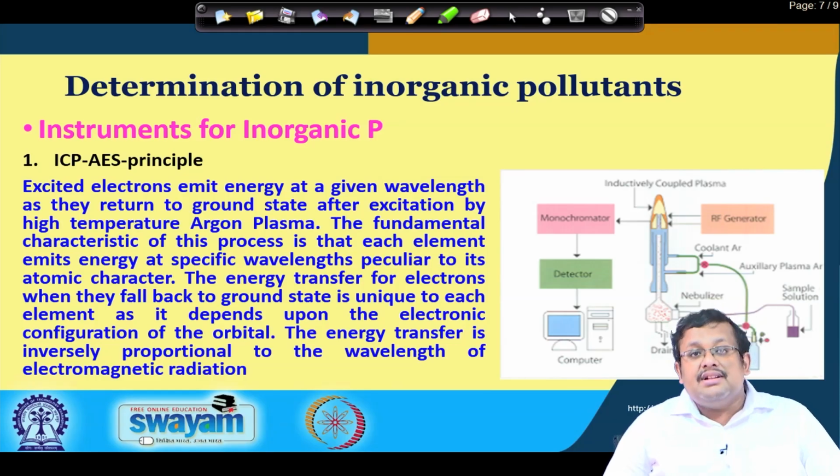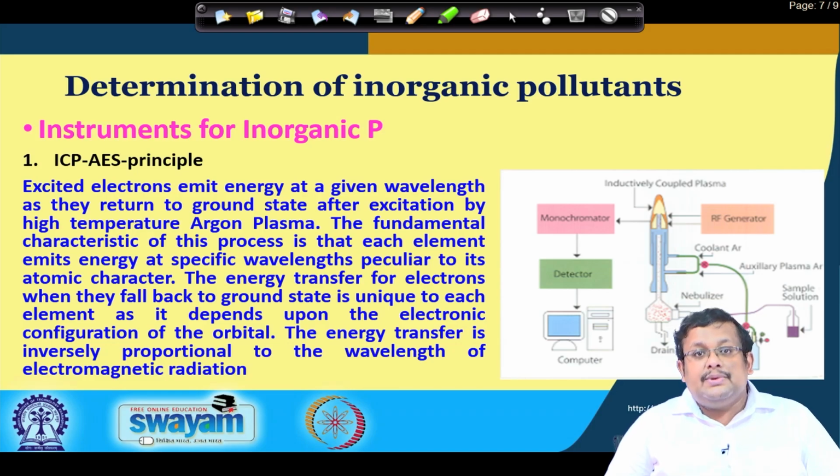So, the energy transfer for electrons when they fall back to the ground state is unique to each element as it depends upon the electronic configuration of the orbital, and the energy transfer is inversely proportional to the wavelength of electromagnetic radiation.